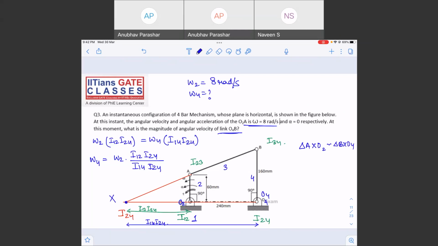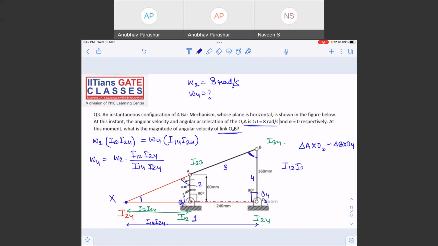Yes or no? Two angles are equal, all the angles are equal, right? This angle is equal, this angle is equal, this angle is equal to this angle, 90 degree, 90 degree. This is the common angle, right?